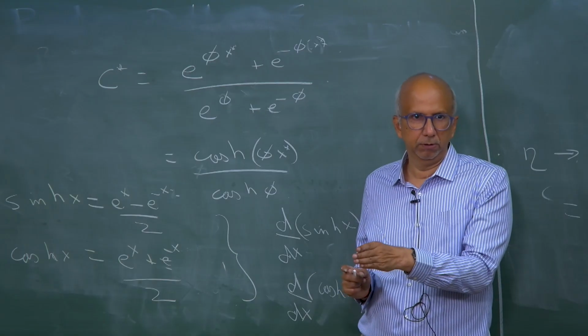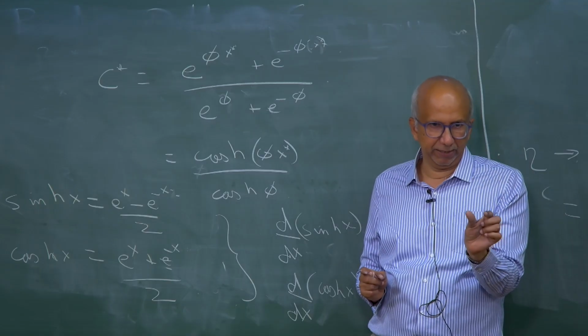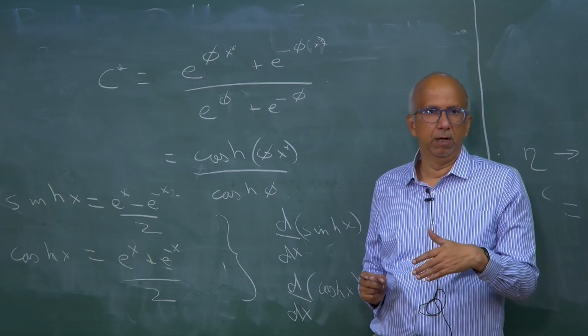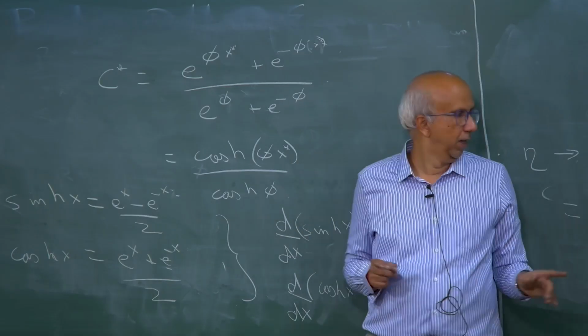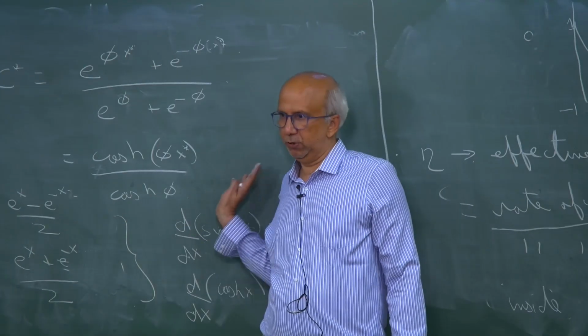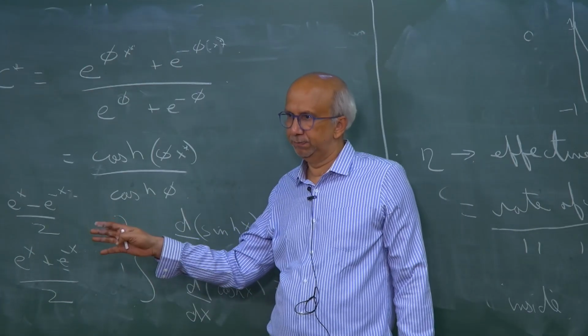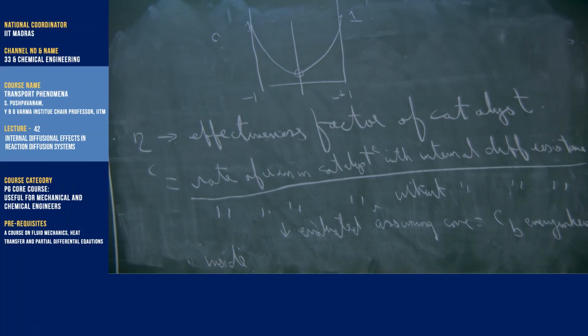So, you have to take a small element, calculate the reaction rate, and then integrate it over the entire pellet. That is the numerator. The denominator has uniform concentration everywhere, so the integration is easy. Basically, that is it, we are done.